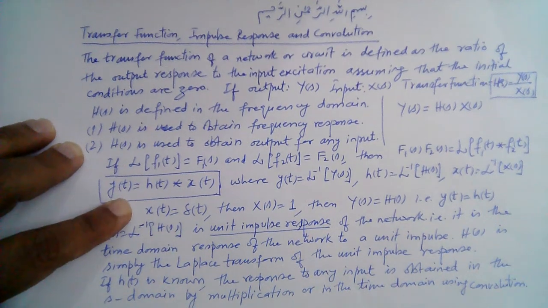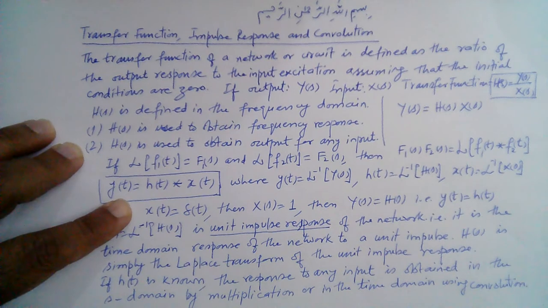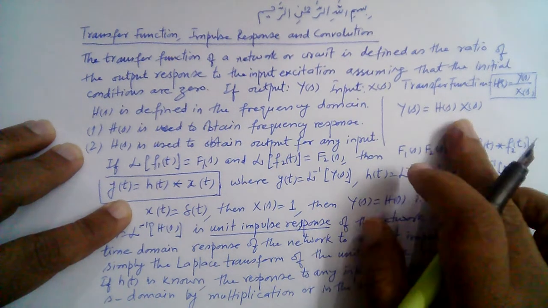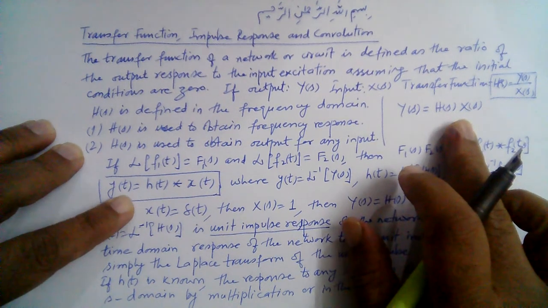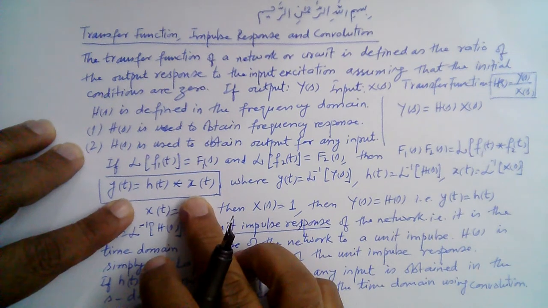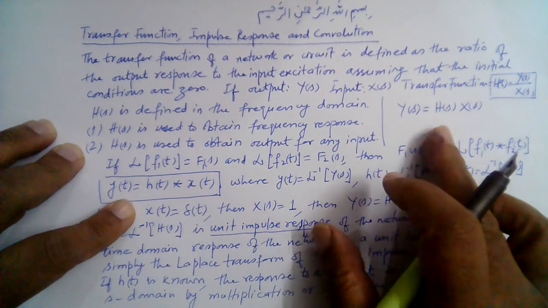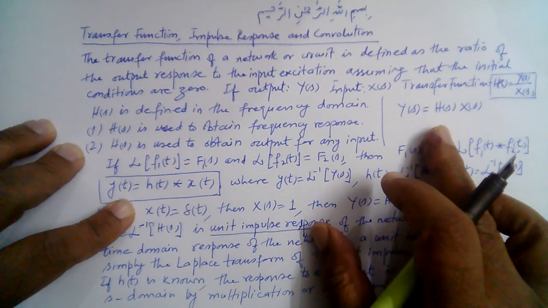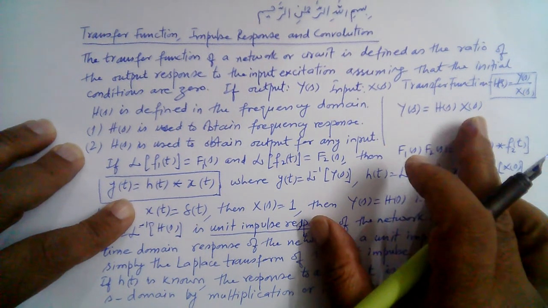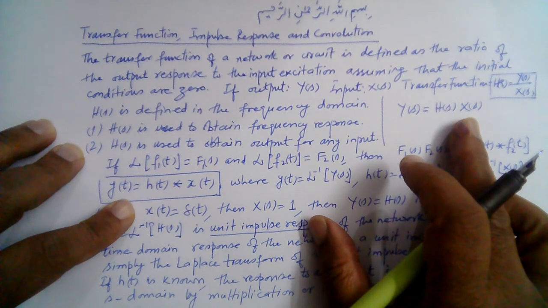But obviously, as I said earlier, the multiplication process in the frequency domain might be quite simpler than the convolution process in the time domain. So that is why we use the frequency domain to solve circuits, right? So in the frequency domain, we simply need to perform multiplication of the transfer function with the input in the frequency domain to find the response.